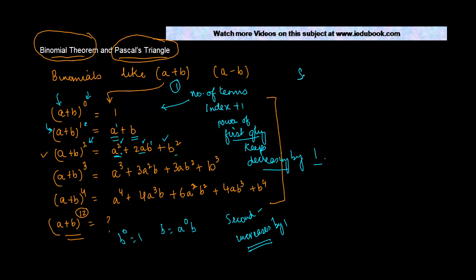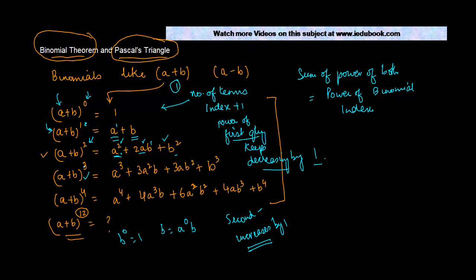But the sum of the powers of both is equal to the power of the binomial, or basically is equal to the index. So if you see here, the index is 1, so a to the power 1, b in any case is 0.